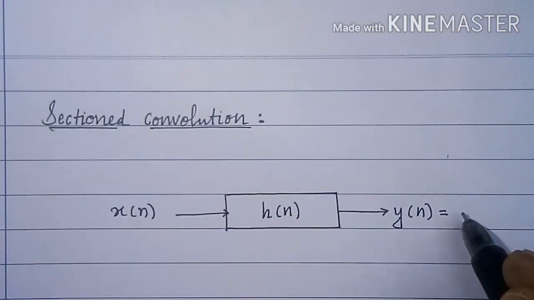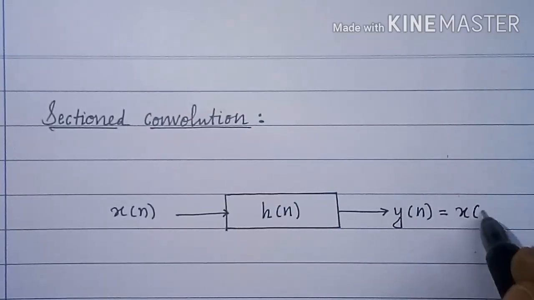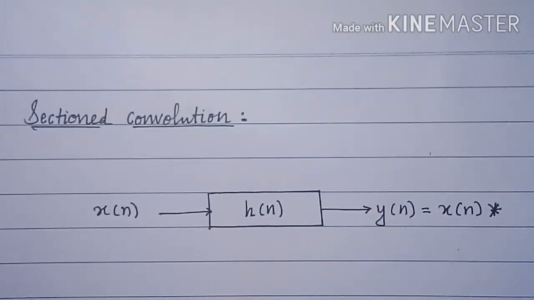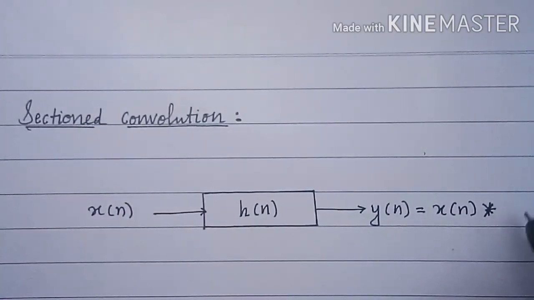That is, y of n equal to x of n convolved with h of n.